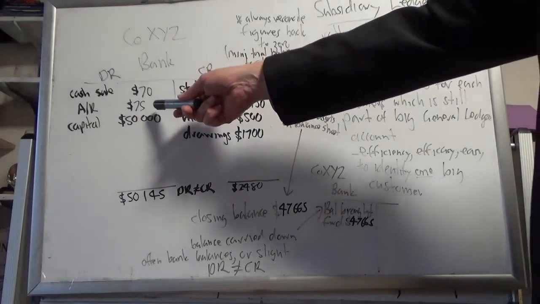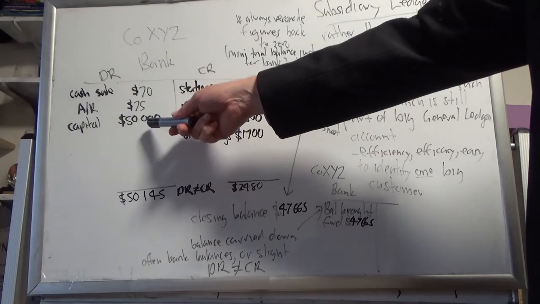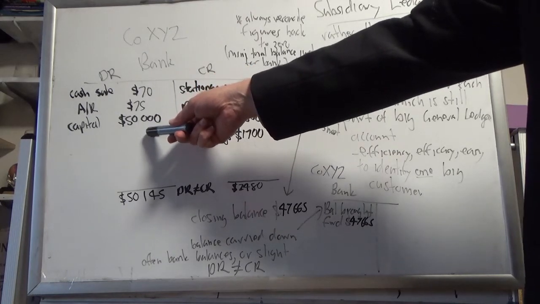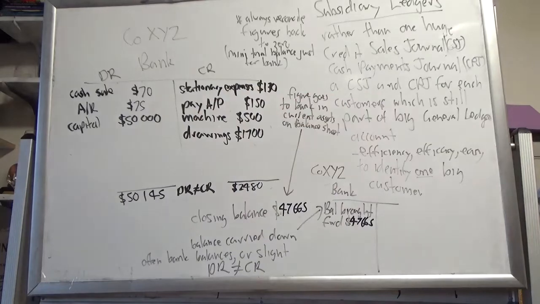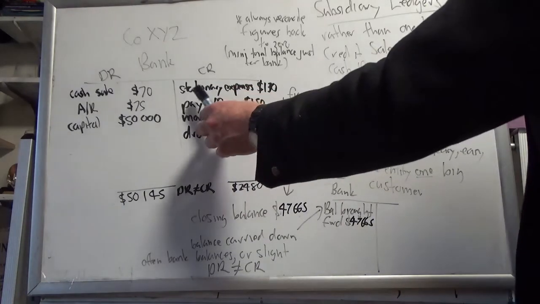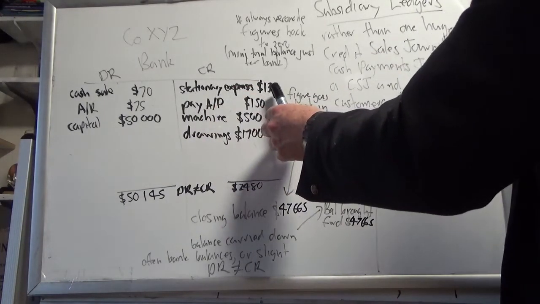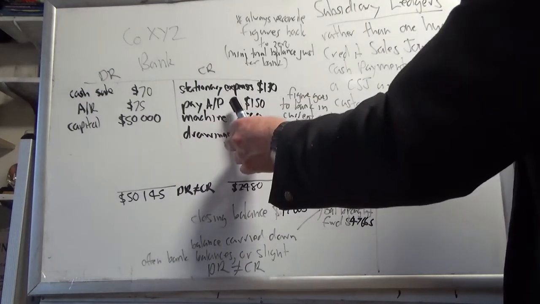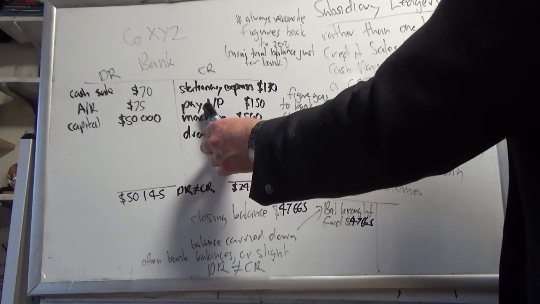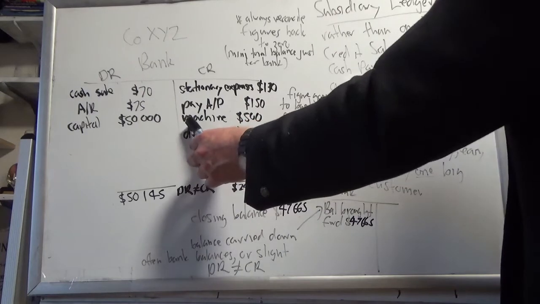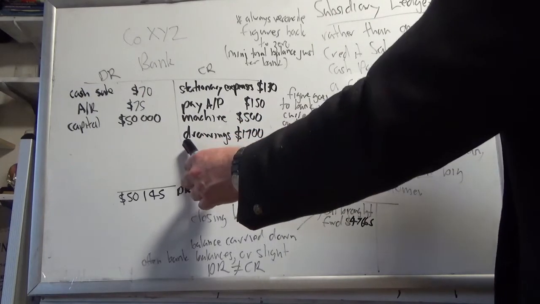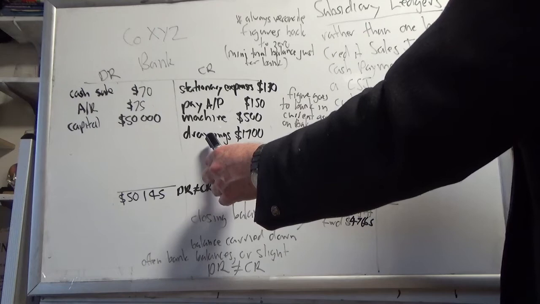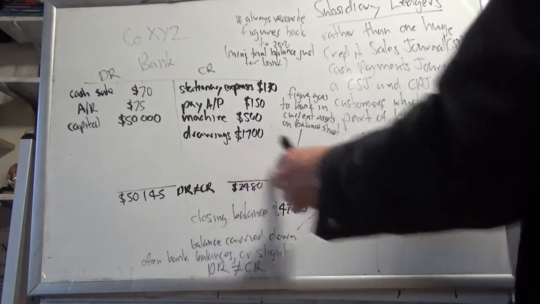Cash sales $70, accounts receivable $75, capital $50,000. That was quite substantial. On the credit side of bank, we had stationery expenses. We paid outgoing cash. We settled some accounts payable $150. We bought a machine for $500. We paid the owner drawings and the company $1,700.